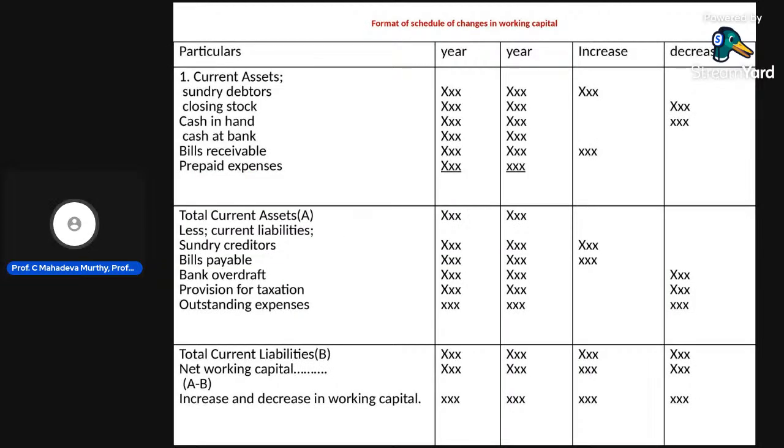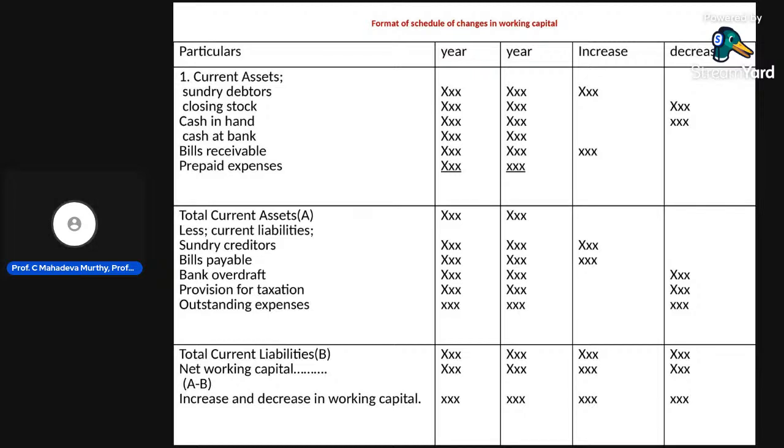Yes, this is the pro forma, that is, the format of the schedule. This format is available in our study material, because, as I have already mentioned many times, proformas are most important. They are a guide to solve or prepare any problem in accounting.